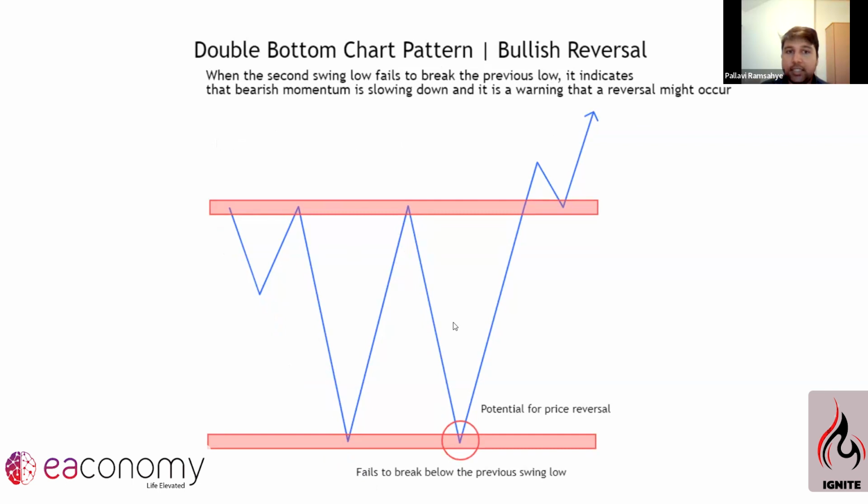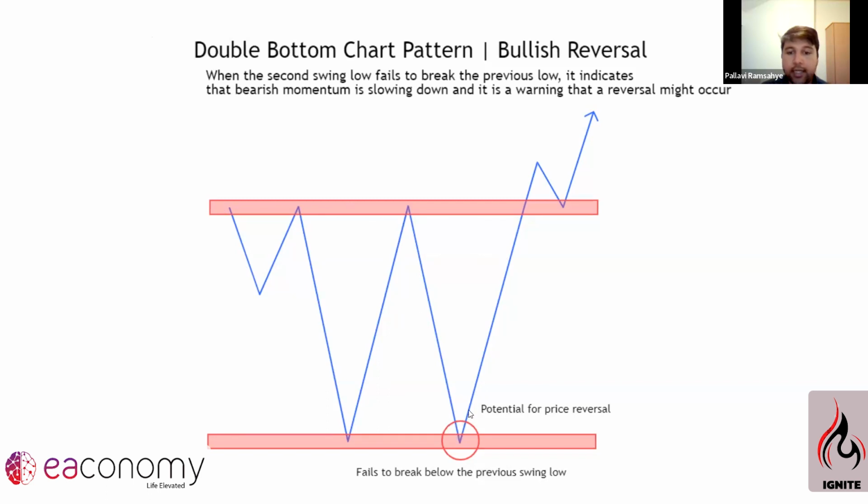So it indicates the bearish momentum is slowing down. So that bearish downward trend is coming to an end. And it is sort of like a warning for a reversal, which might occur, okay? So that's the indication that we're looking for right here, okay?